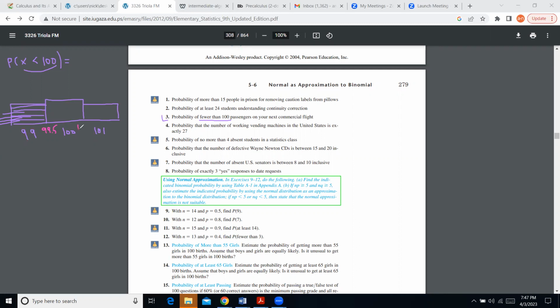Now, to do this approximation, I must use 0.5 increments, and it looks like the borderline will be 99.5. So my quiz answer will be x is less than 99.5.